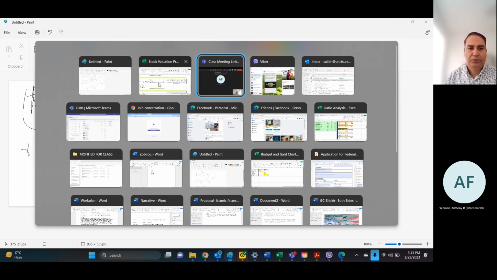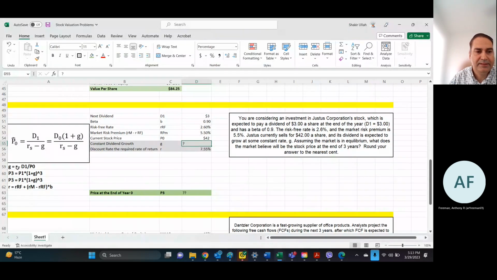All right. Here I have written it down for you. So G is equal to R minus D1 divided by P0, which is something that we just derived. So equals R, which is the RS, basically the required rate of return on the stock, 7.55%, minus D1, which is $3, divided by P0, which is $42 right here.